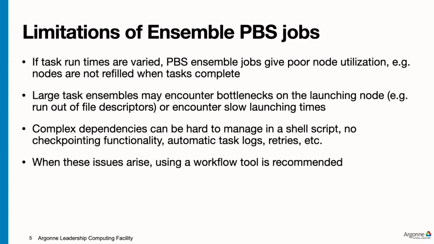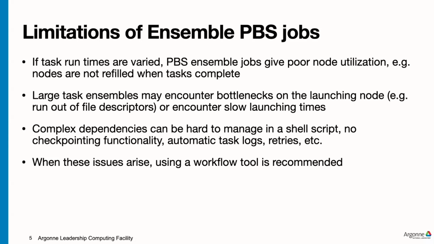Another thing to point out is sometimes these task ensembles, if you're launching them all from a single node, you can run into bottlenecks. So every MPI exec call you're running, you're actually running on one of the nodes in your allocation, and that process is sitting on that node and it's using resources.